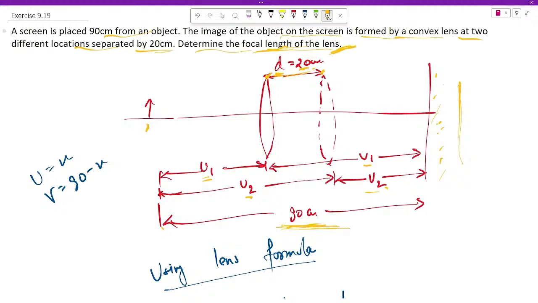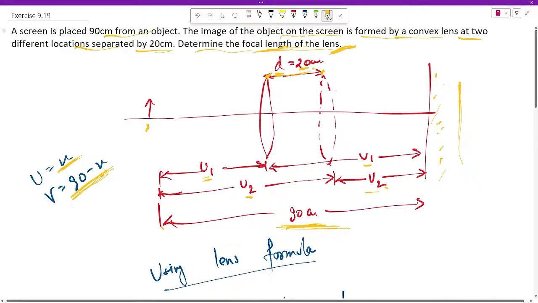Now let us generalize this approach by saying the distance between the object and the lens, wherever it is, either in the first position or in the second position, be the x variable. So automatically the image distance from the lens would be 90 minus x, because the total distance is 90 centimeter. So v would be equal to 90 minus x.